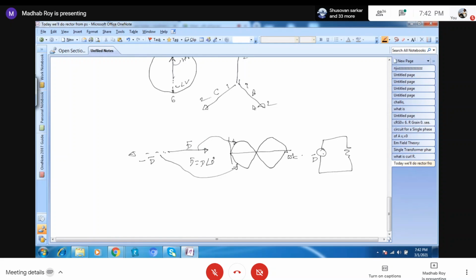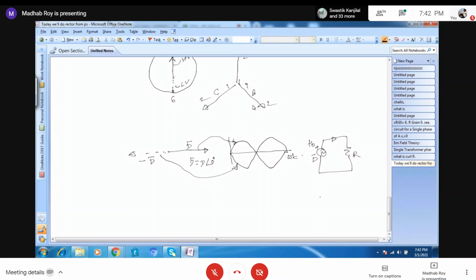If D is applied, what will be the direction of the current through this, at T0 plus? So this will be the direction of the current.